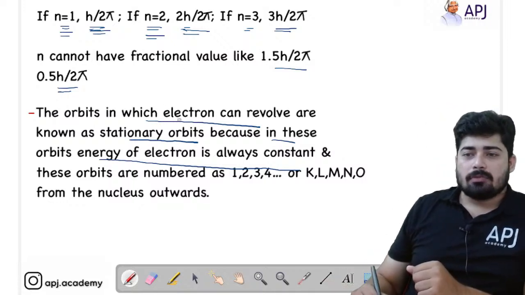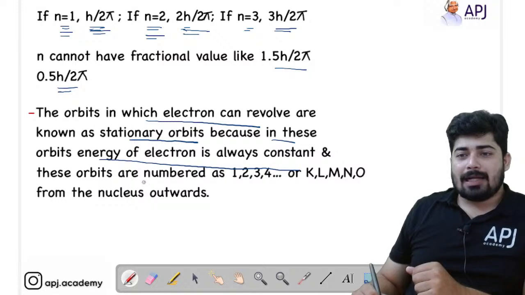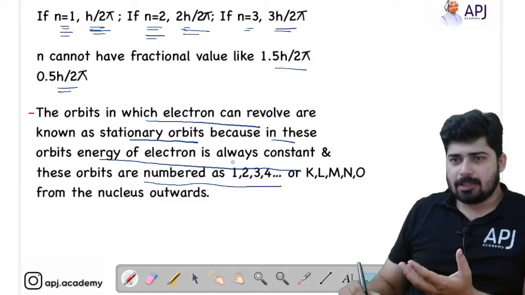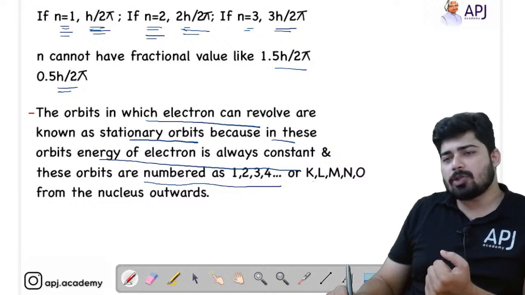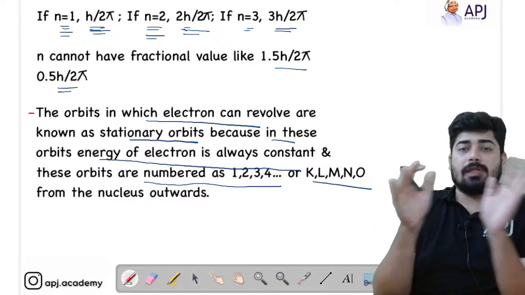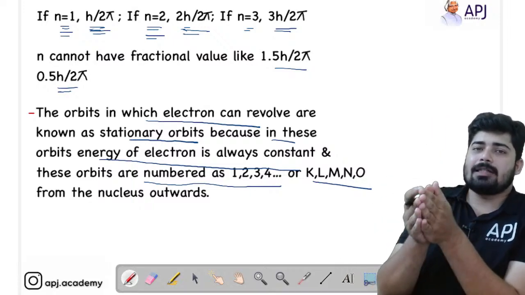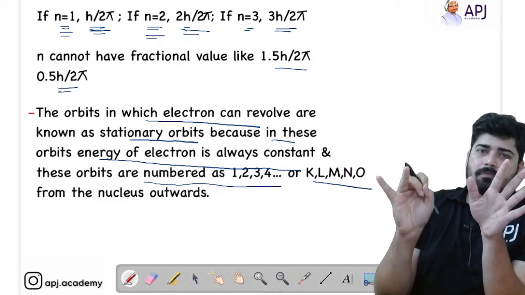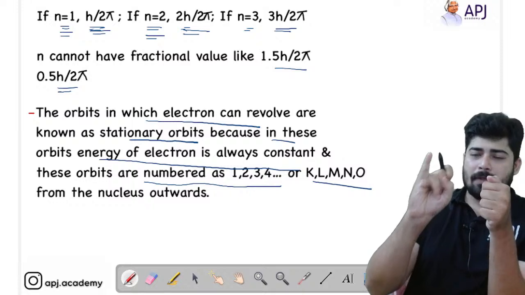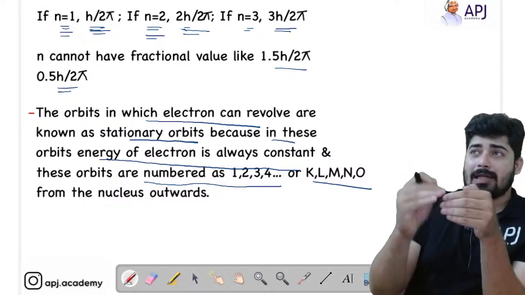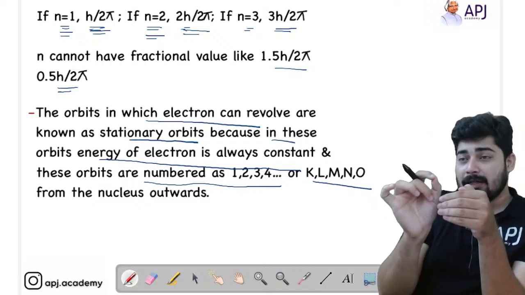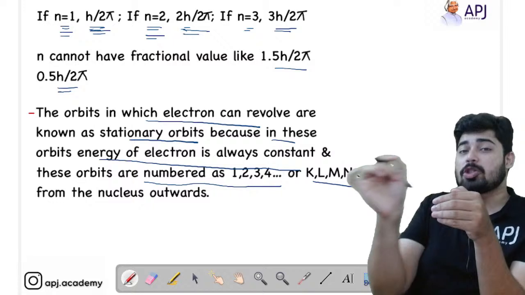Now, as I have told, these orbits are numbered as 1, 2, 3. That means these orbits are called shells, or they are also represented as K, L, M, N, O. Actually, according to the present scenario, we know 7 shells: K, L, M, N, O, P, Q. We know that in the periodic table there are 7 periods and each period represents each shell.